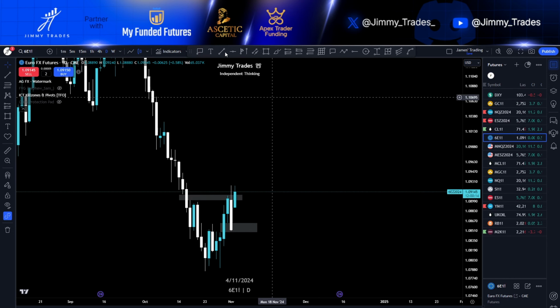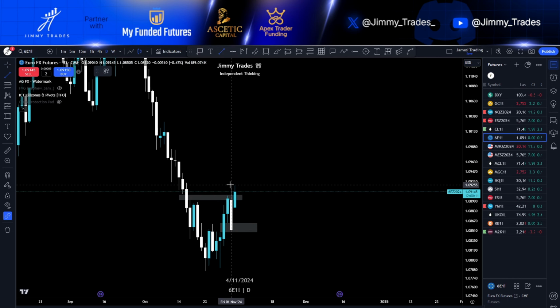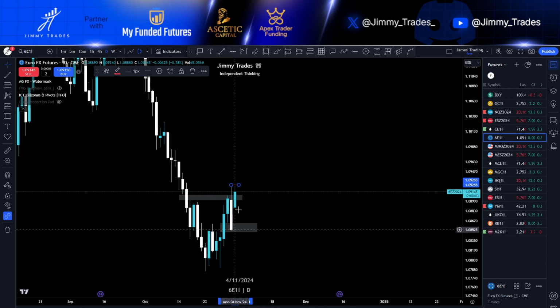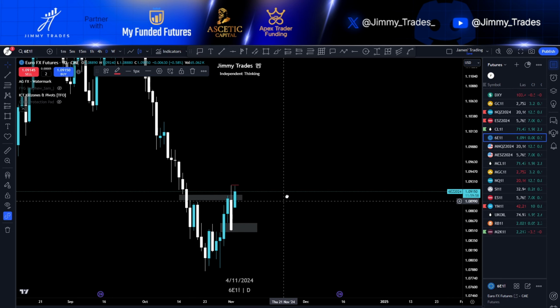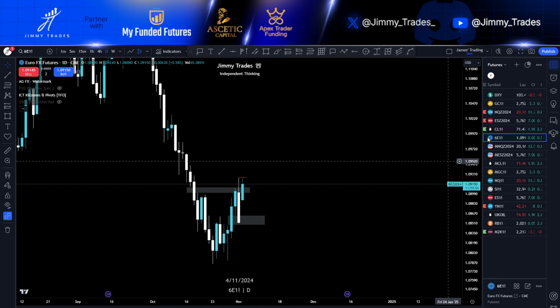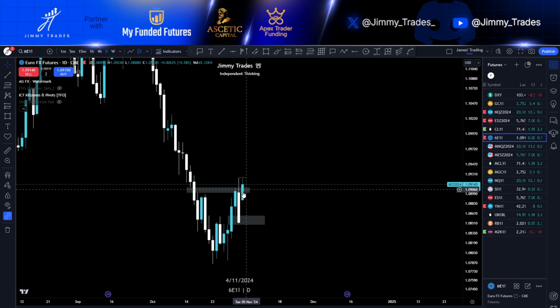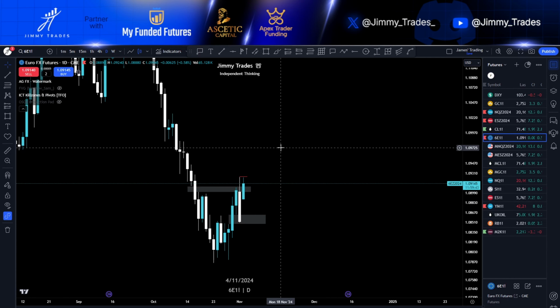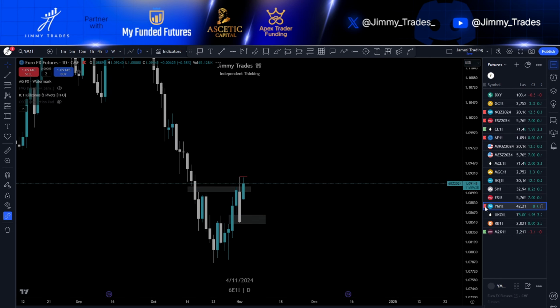So potential for price, if it doesn't sweep the Friday high, or even if it does, to come back in and fill this gap. Okay, there's quite a large gap to fill here. So we'll remain bearish because we haven't got a close above this FVG just yet. Moving out over to YM now.